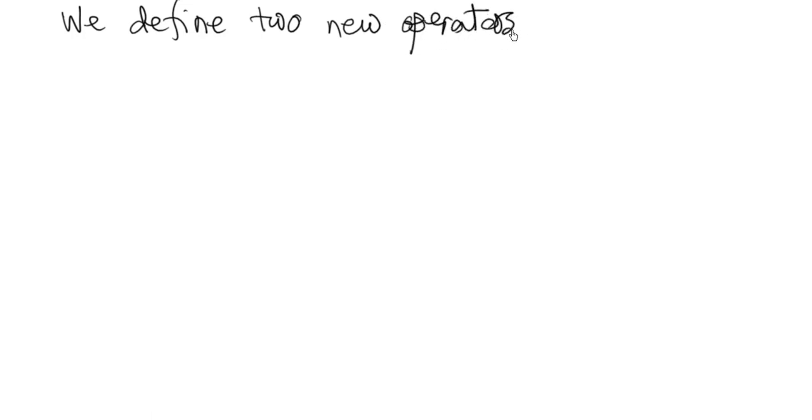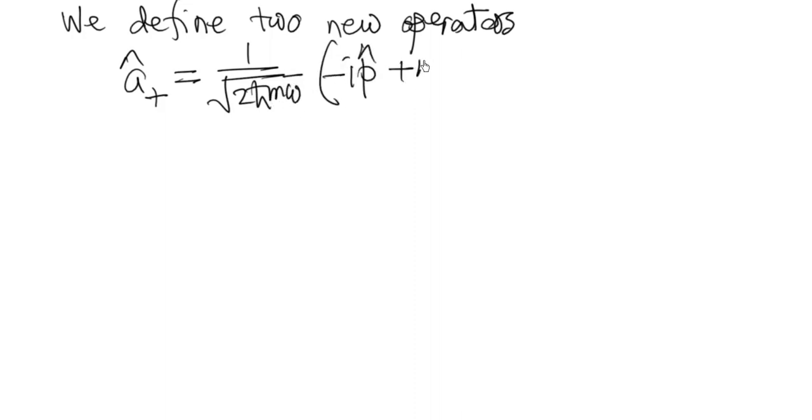We define two new operators. A plus, which is 1 divided by square root of 2 h cut m omega, times minus i p plus m omega x, where i square equal to minus 1.